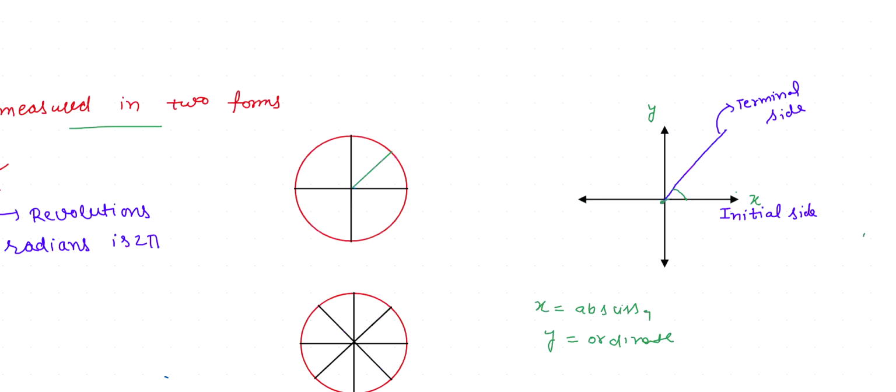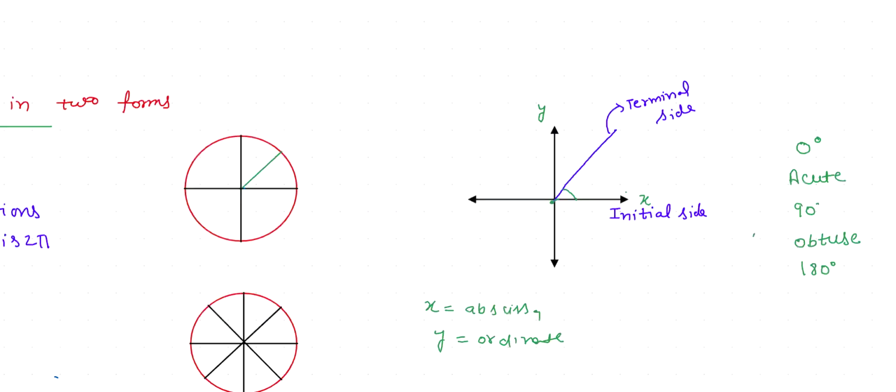Look at these quadrants. This is your x-axis and this is your y-axis. The x-axis is the initial side, and the y-axis is known as the ordinate. Here is your origin, where the values of x and y are both 0, 0. First we write the value of x, then the value of y.